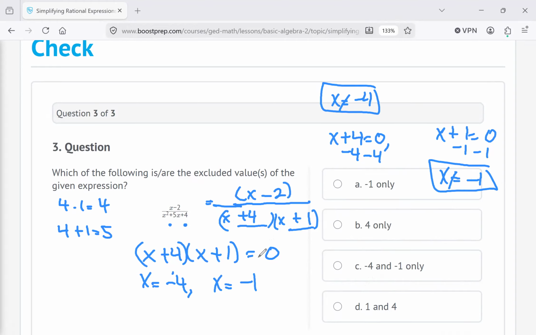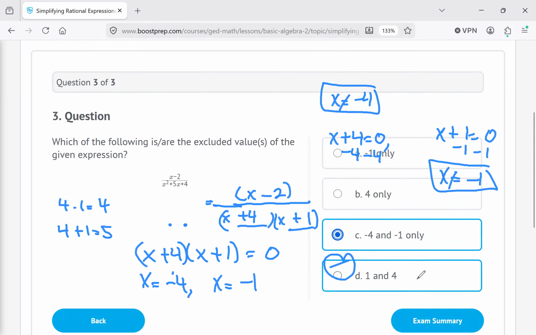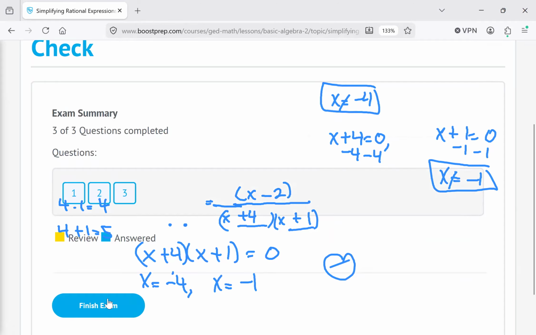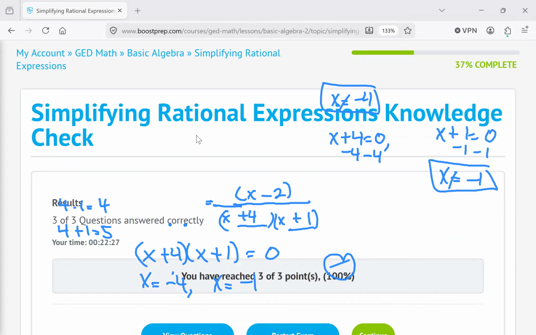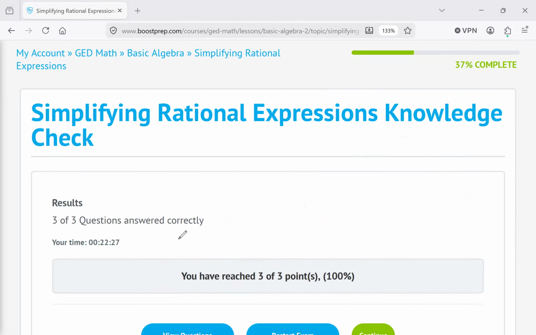So the excluded values are -4 and -1. Okay, perfect. We got it all right.